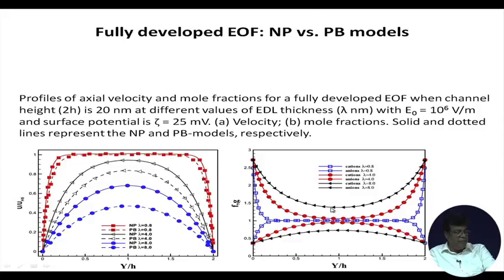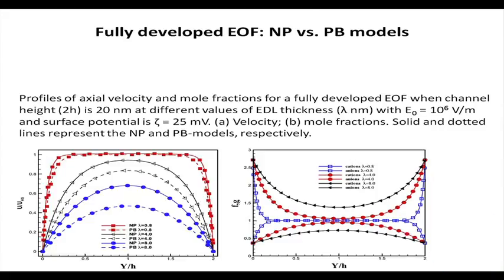Obviously G minus F is non-zero within the core, but as we increase the electrolyte concentration or decrease the thickness of the Debye layer, core neutrality is established. That means G minus F is becoming 0.